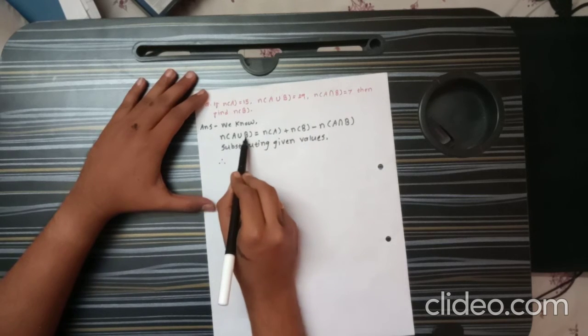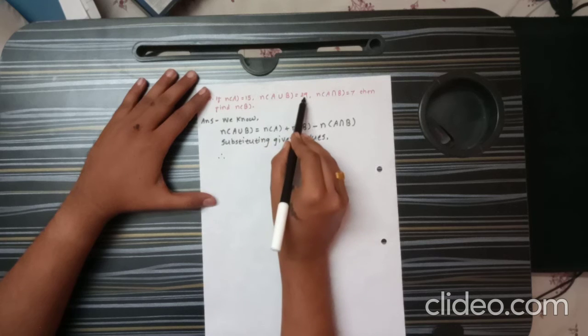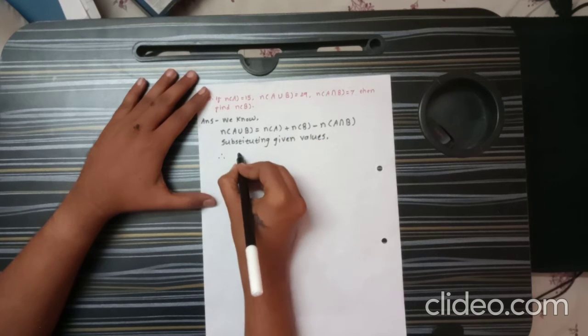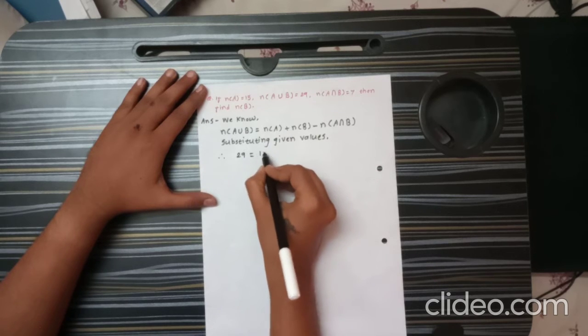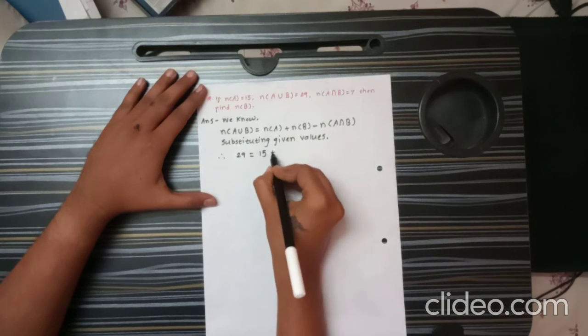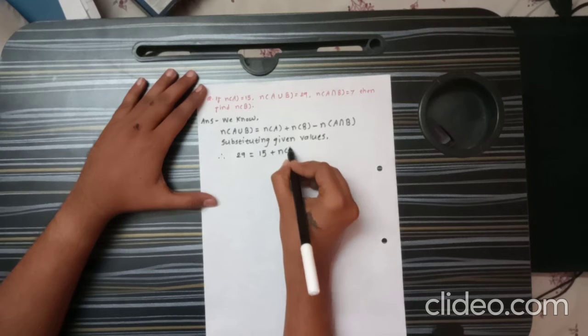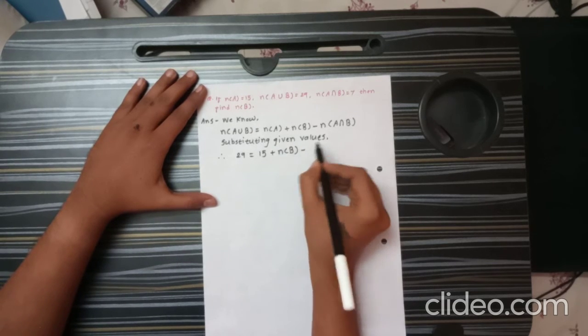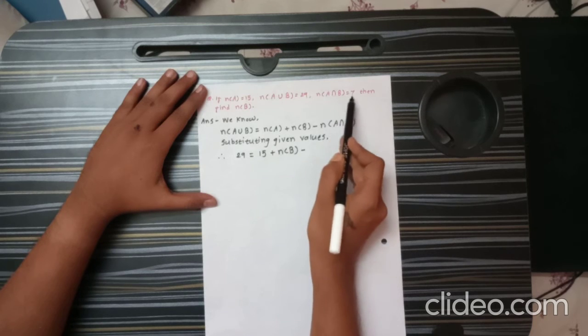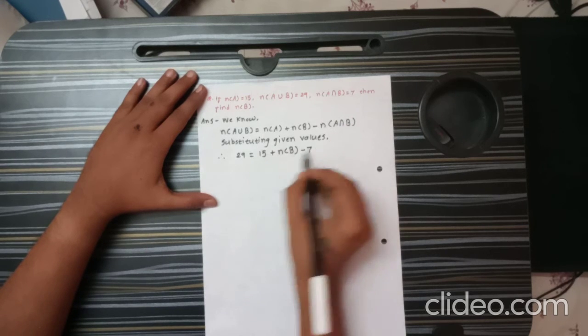n(A union B), we have its value as 29. So 29 equal to n(A) is 15 plus n(B), which we don't know, so we write it as it is, n(B), minus n(A intersection B), its value is 7.